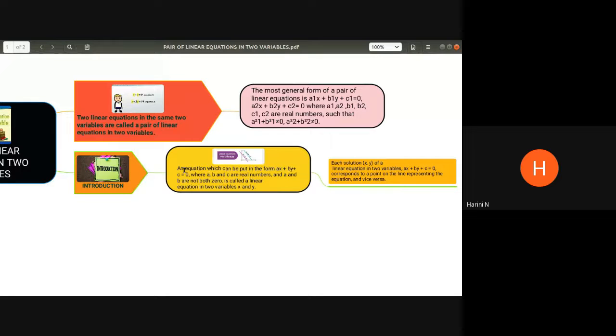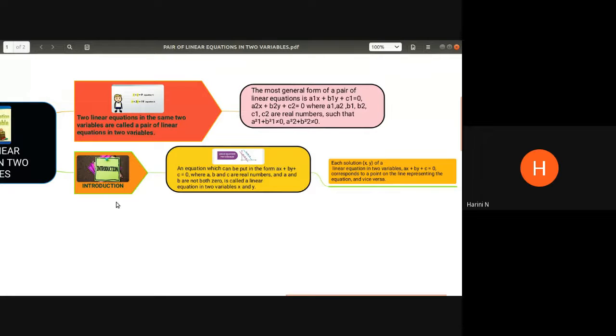Now, because we are going to deal with a pair of linear equations in two variables, there will be something called a solution which will be available for this pair of linear equations. And that solution is nothing but the intersection point of the two straight lines. So we will see the conditions in which the graphical solution of a pair of linear equations will be intersecting. Sometimes it can be parallel and sometimes it can be coincident.